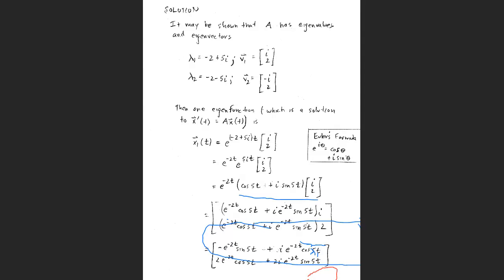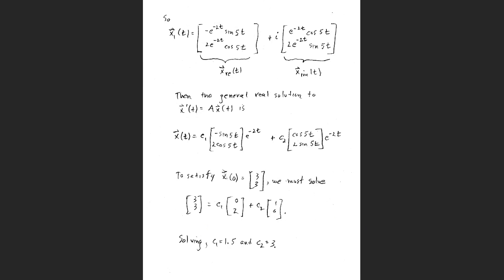Well, now what I'm going to do is rewrite this vector. I'm going to break it up like this. I'm going to rewrite the eigenfunction this way, and by doing so, I've identified what x real is and what x imaginary is.